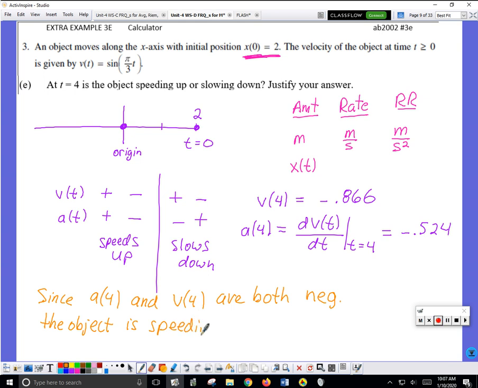And just like Marin said previously, you want to indicate that the object is speeding up at t equals 4. So we give a good description.